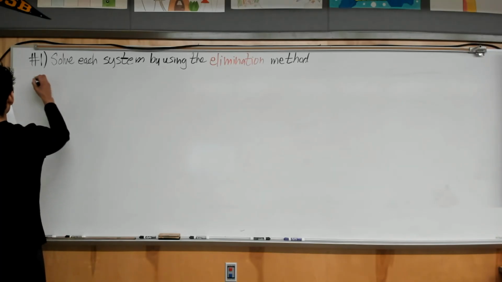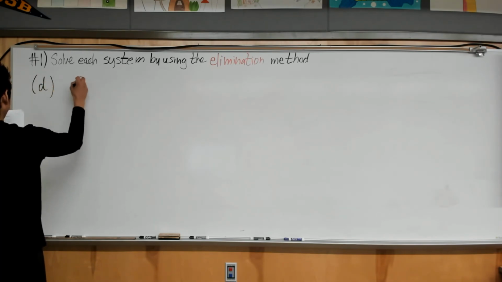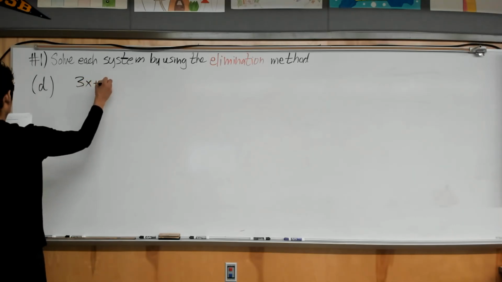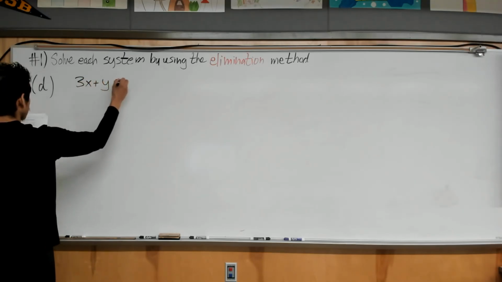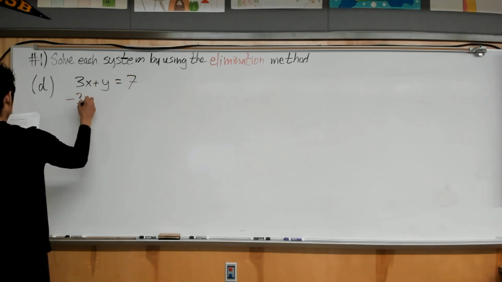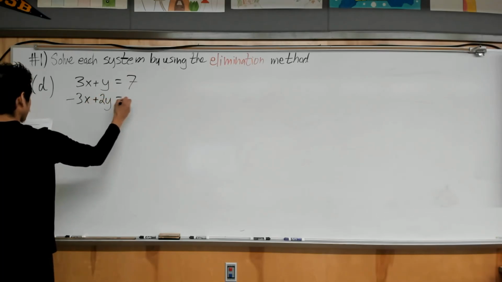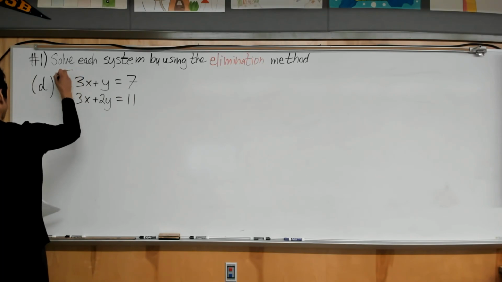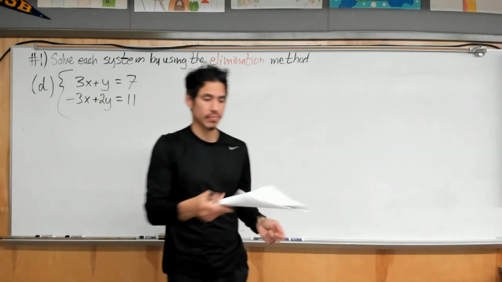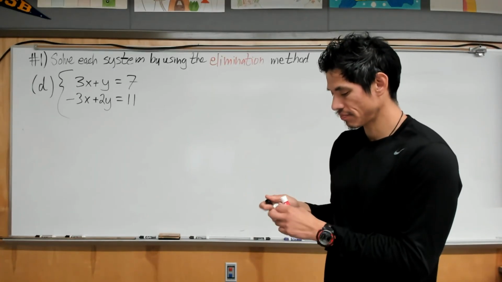The final problem of this video, we have the system 3x plus y equals 7 over negative 3x plus 2y equals 11. This should be a nice, friendly looking problem.